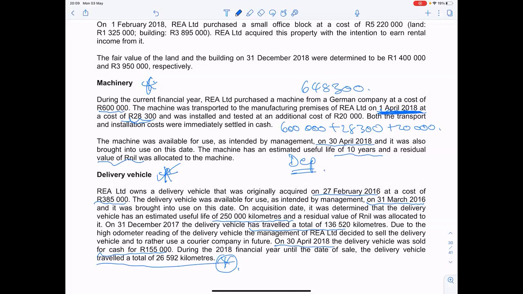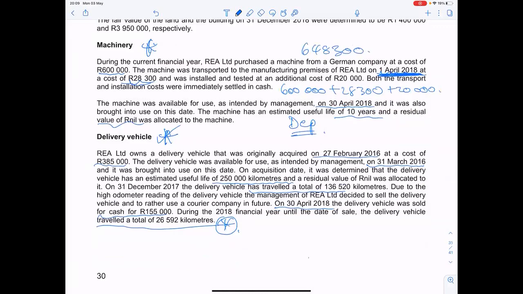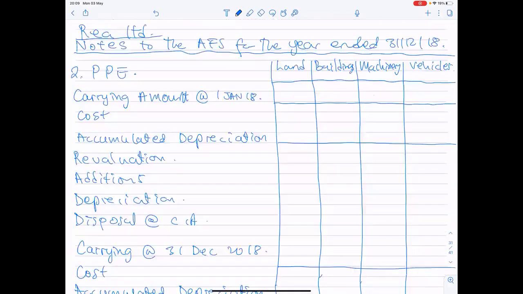Take note, our year starts from the 1st of January until 31 December. So the machinery was not there at the beginning of the year. So we are going to put 0 there. There is no cost of the machinery at the beginning of the year.